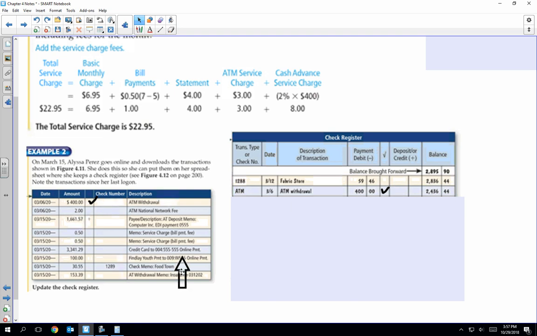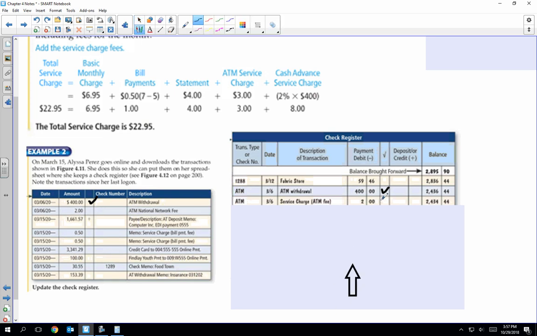Then there's the $2 service charge for the ATM. It's on our check register and on our bank statement, so we check that off. And then we minus $2 from our balance total.